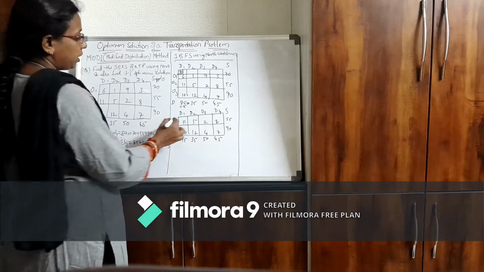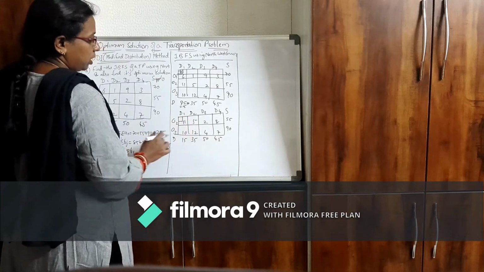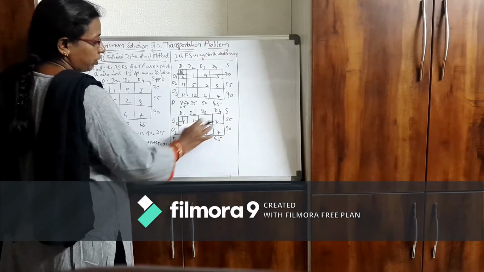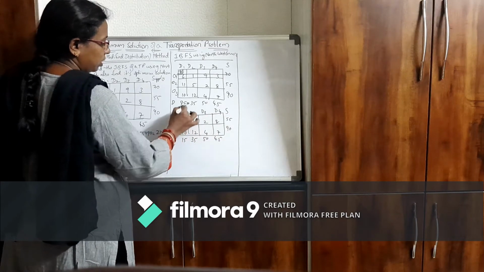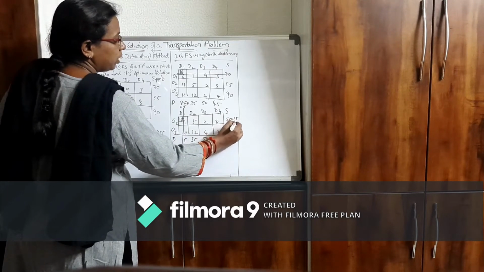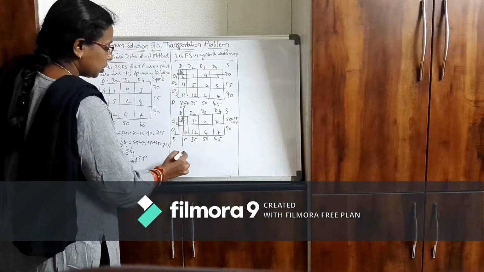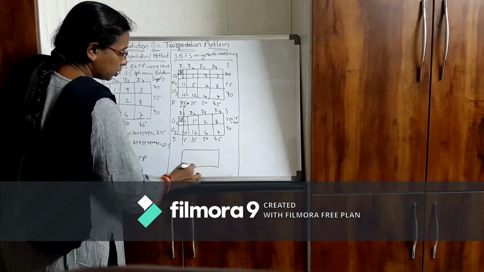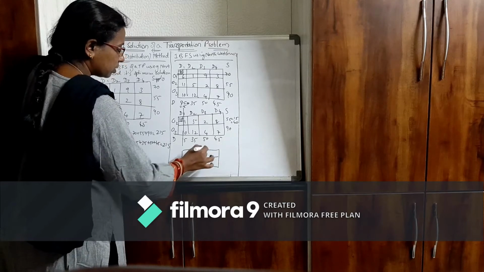Again the corner element is here, 11. The corresponding values are 55 and 15. The minimum of 55 and 15 is 15. So this column will get exhausted. 55 minus 15 will be 40. So I will have again 2 rows and 3 columns.